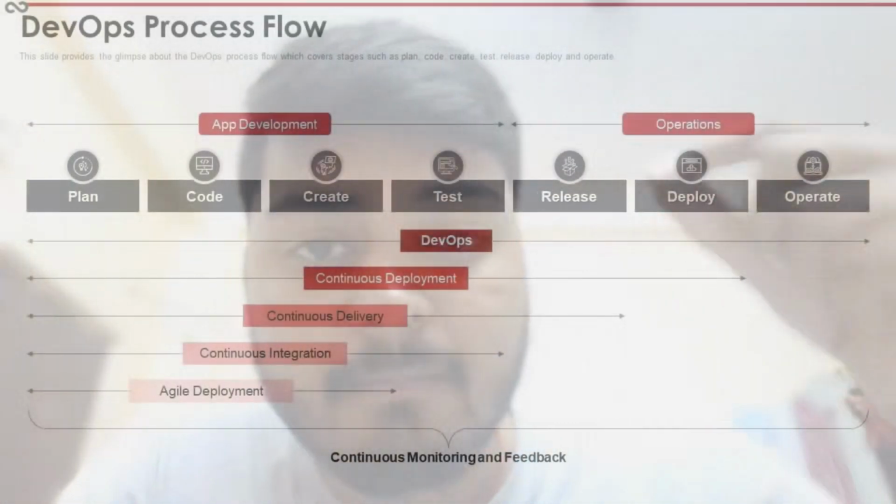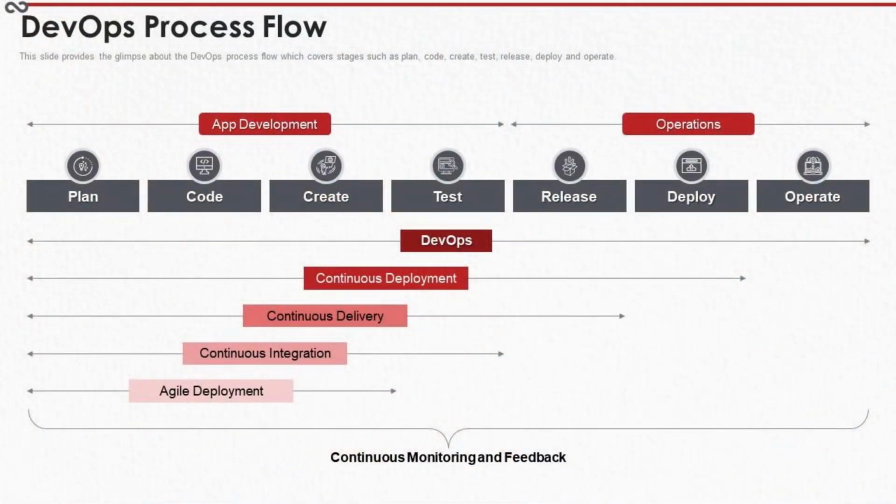So coming back to the process flow of DevOps, it is divided into development and operations at the group level. In the development phase, we have the planning phase. Once the features are planned, what things are to be implemented or fixed within this particular sprint, it comes under the planning phase.